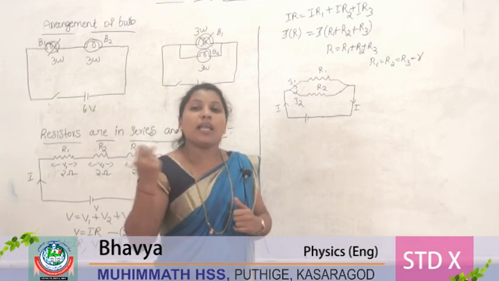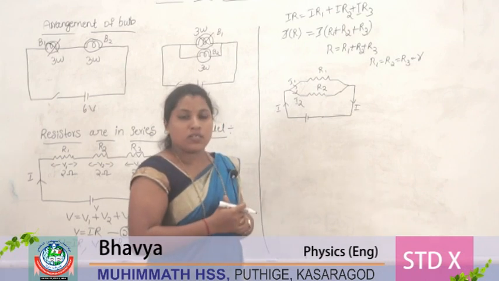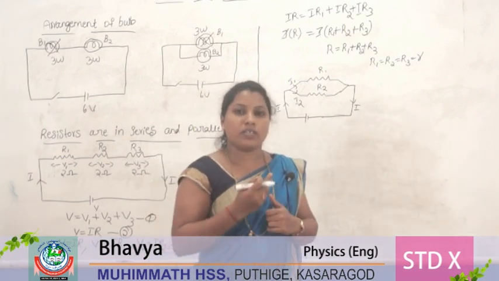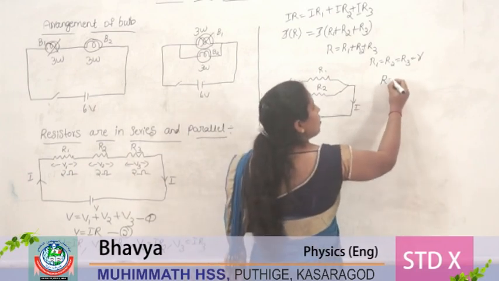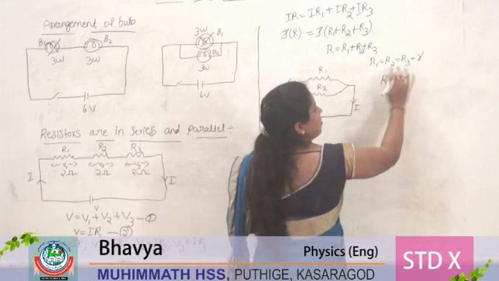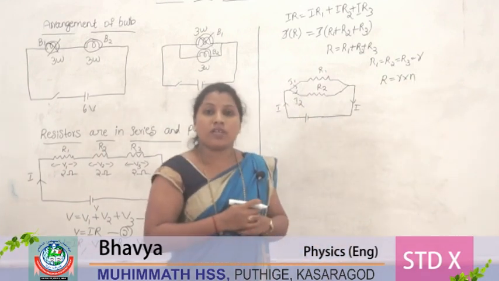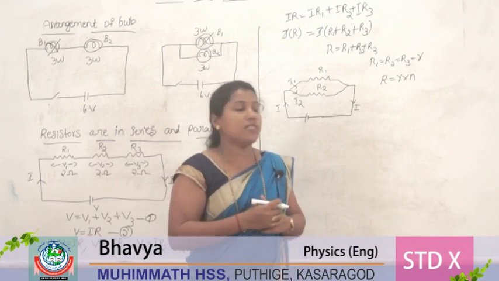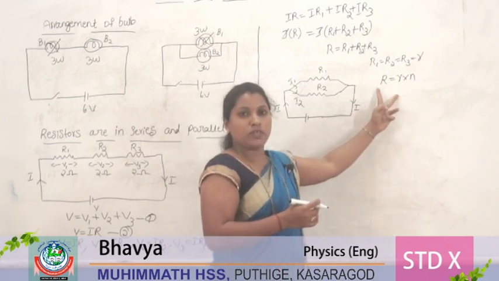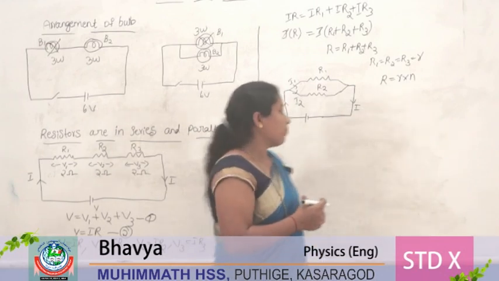N is the number of resistors. So the effective resistance is R is equal to r into n, where n means the number of resistors. If all resistors have the same resistance, we can calculate using the formula R is equal to r into n.